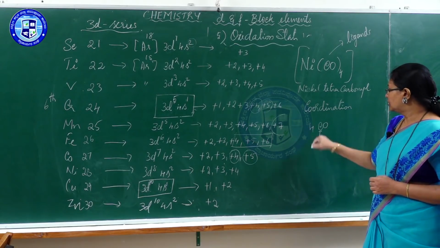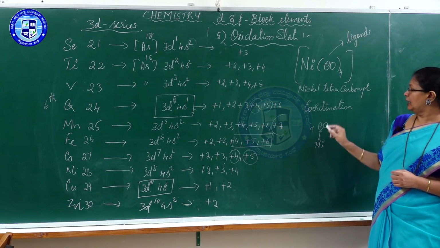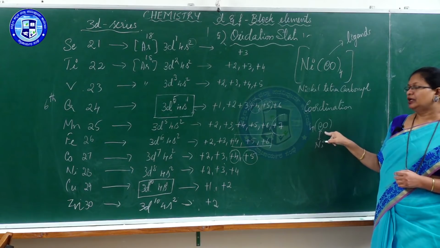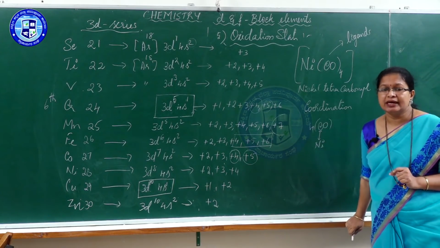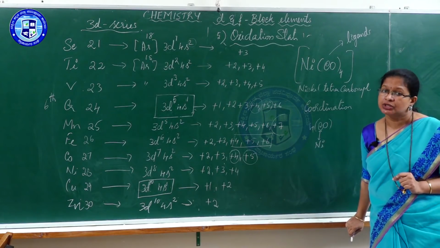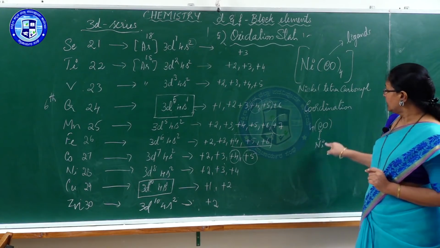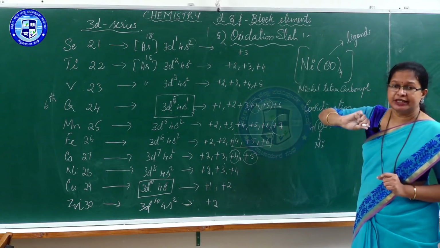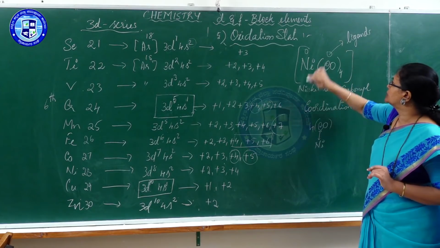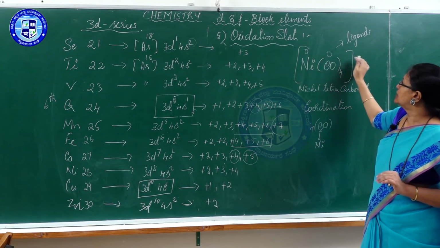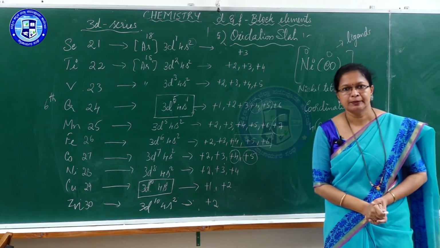There will be 4 carbonyl ligands, each donating one pair of electrons to the nickel to form the coordination bond. That is why these compounds are called coordination compounds, right? In this case, the oxidation state of nickel is 0 because carbonyl also has 0 charge on it. Both have 0 charge, so it is a neutral coordination compound.